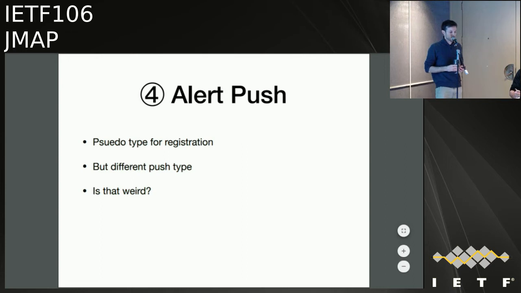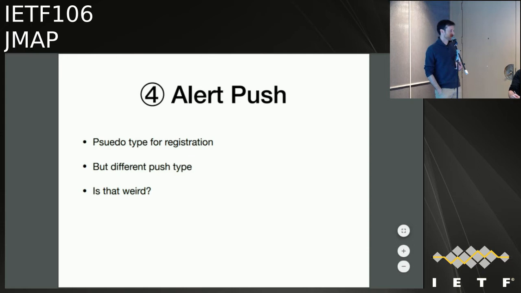We have some pseudo type thing in Mail where you can register for a type just to be pushed when new messages arrive rather than any change. So this is kind of similar to that, except that the push type you get back is not a state change type. It's a completely different push type, which has information about the alert in. I think it's still okay, but I don't know if people found it particularly weird.